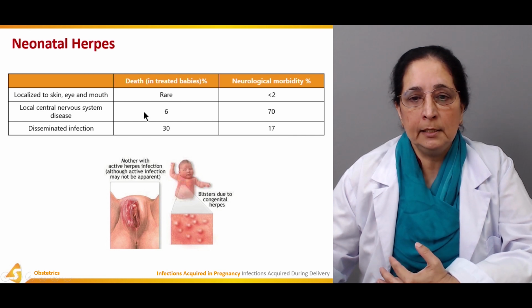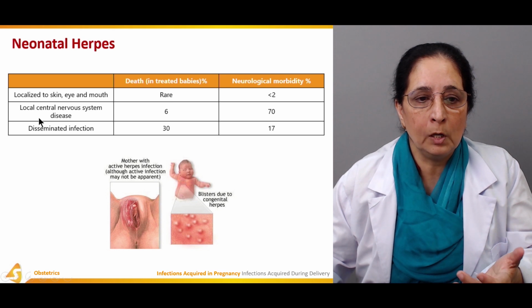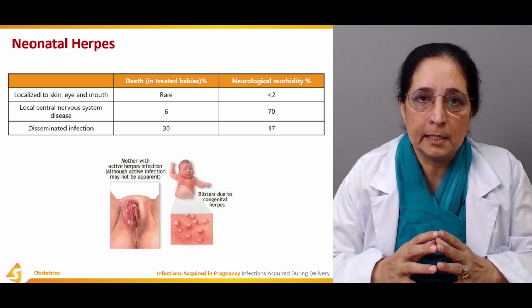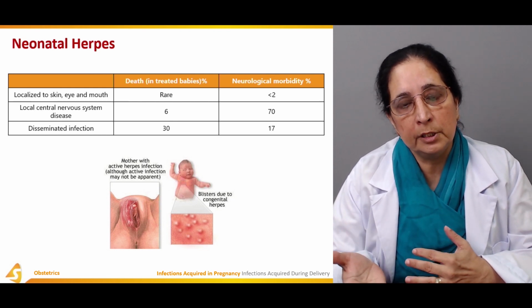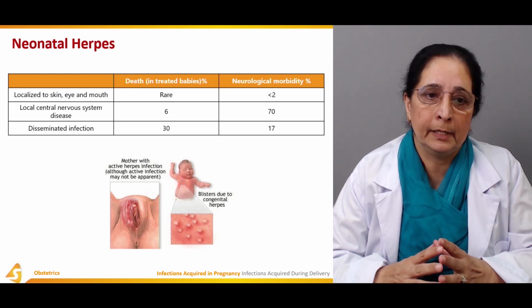So if we see this chart here, we can tell that if there is local central nervous system disease, if the central nervous system is affected locally, neurological complications can occur in 70% of the cases.